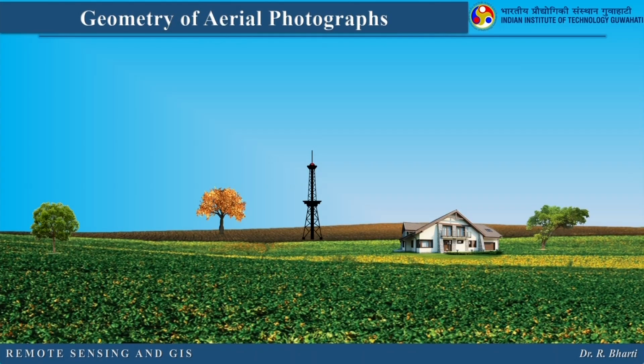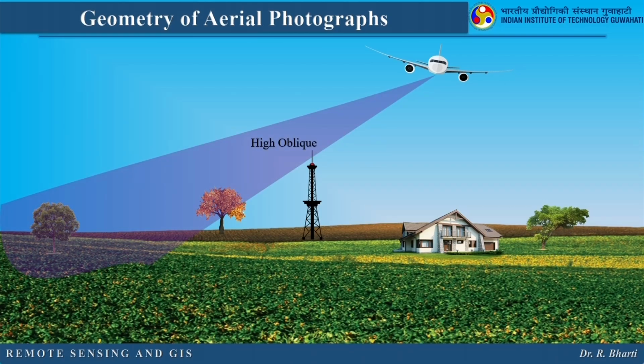Now let us understand what are the different geometries involved in aerial photographs. Assuming this is my study area and this is my aerial survey vehicle, and here if you capture in this mode where you can see the sky or part of the sky along with your features, right, they are known as high oblique photographs, right.